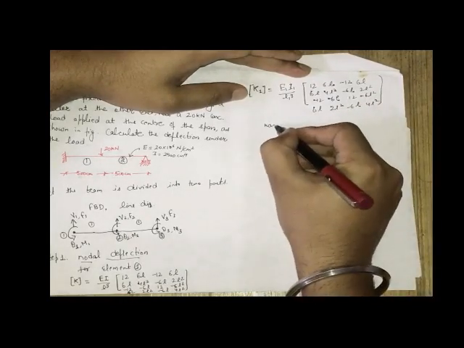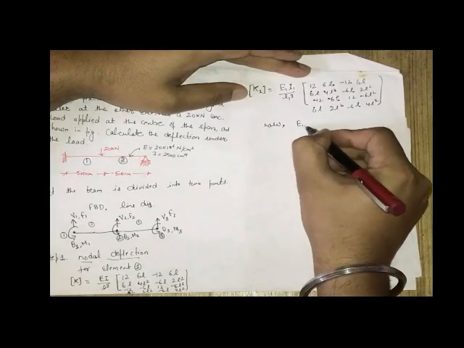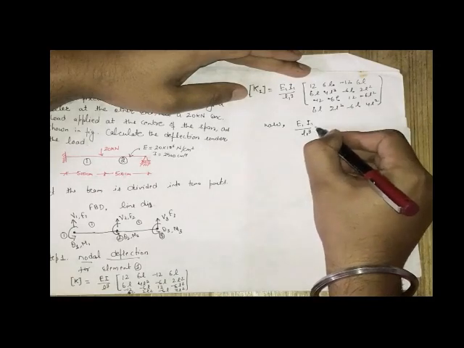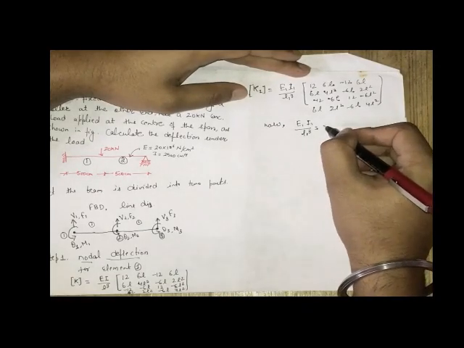So now, E1 I1 by L1 cubed. Here Young's modulus is the same.